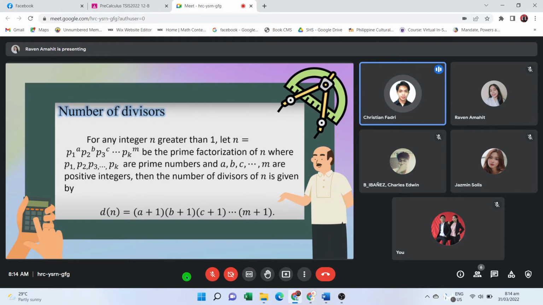Then the number of divisors of n is given by the formula d of n equals a plus 1 times b plus 1 times c plus 1, and the pattern continues until m plus 1. That is also the product of 1 more than the exponent of all the prime factors of n. Next slide.